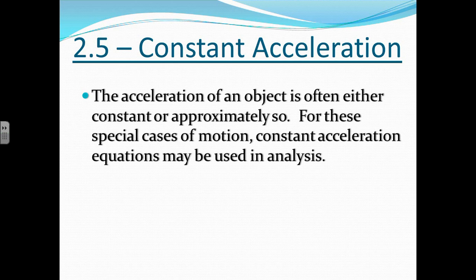So starting with constant acceleration, our goal here is to start developing some equations, and we'll see these equations in our reference tables. The first idea that we're going to use to develop these equations is that if our acceleration is constant, that means the instantaneous acceleration, or the acceleration anywhere along that path, will be equal to the average acceleration that we'd find over that path.